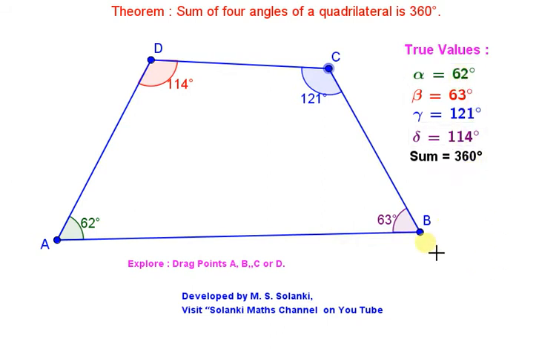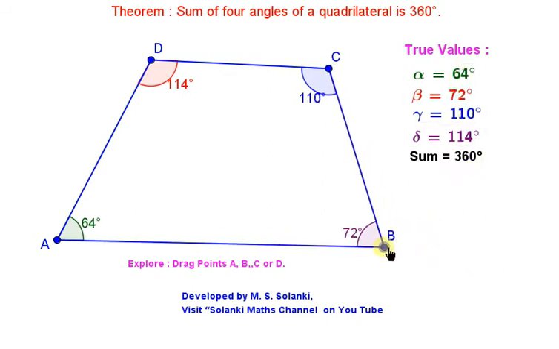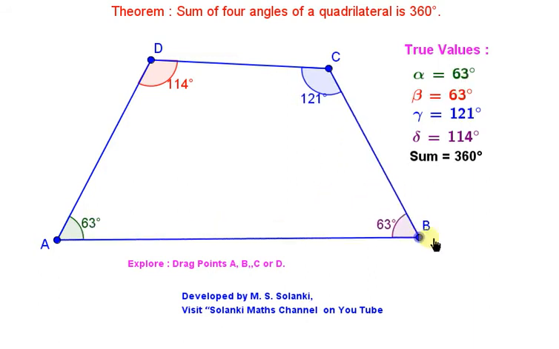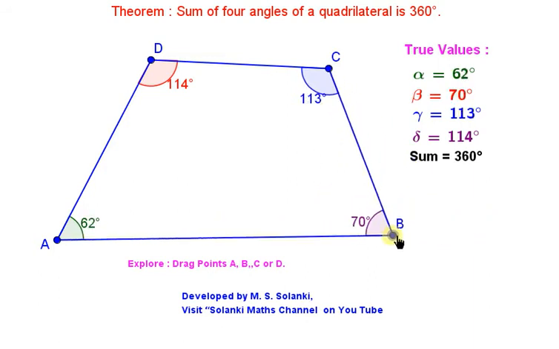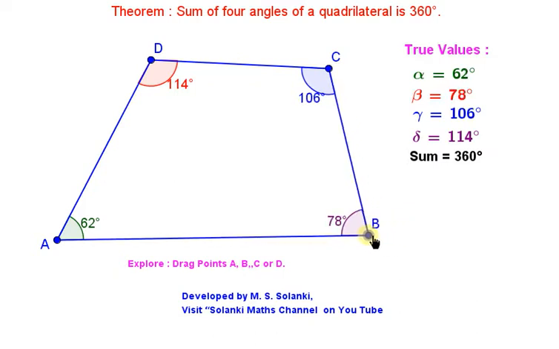So at any point we are getting the sum of these four angles equal to 360 degrees. You can see here.